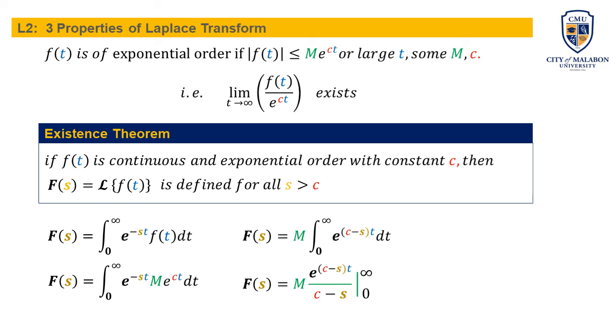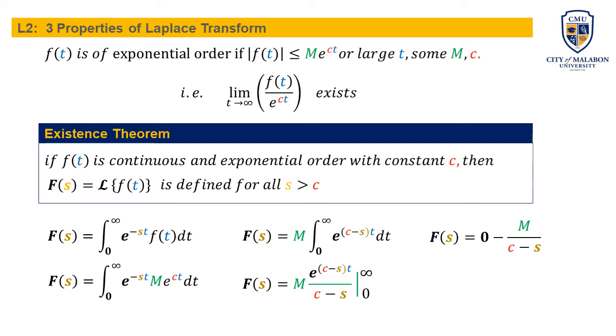That is why the existence theorem says that we can only define Laplace transforms for functions that are continuous and of exponential order when our s is greater than c. So the Laplace transform will only exist given these conditions. Okay, I hope that was understood. So let's solve. When s is greater than the value of c, it becomes e to the negative infinity, so the limit of the function will exist.